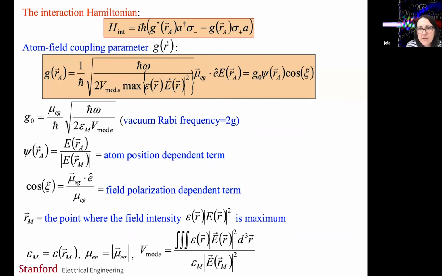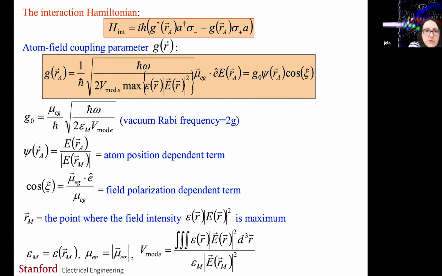And then psi is the position dependent term, which is maximized when the atom is positioned at the location of the maximum of epsilon E squared, the maximum of electric field energy density. And the third term, cosine psi, just depends on the polarization, the orientation of the field relative to the atomic dipole moment. So it reaches maximum value when the atomic dipole moment is aligned with the polarization of the electric field at the location of the atom.